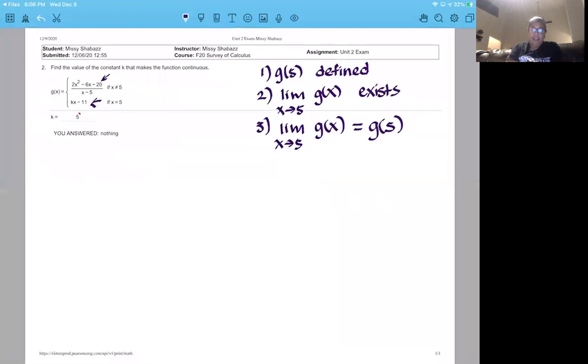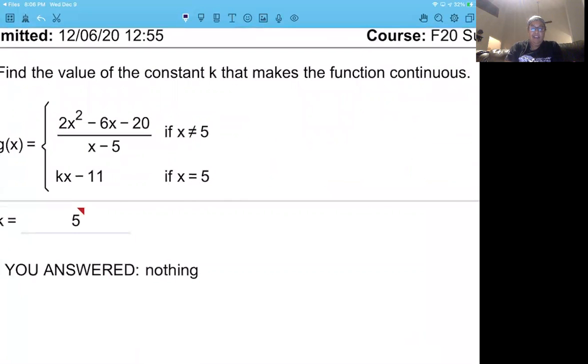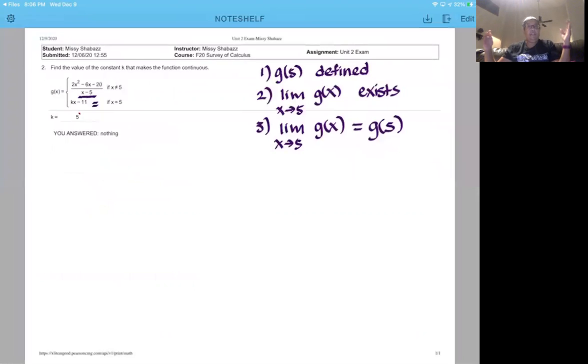So what I need to have happen to find K, I'm going to factor this part, and it's going to factor so that this is a removable discontinuity. But then I can set it equal to this part. So the limit exists.